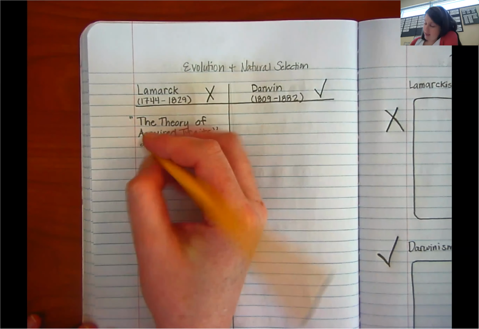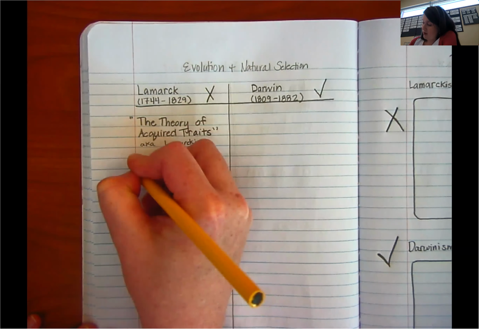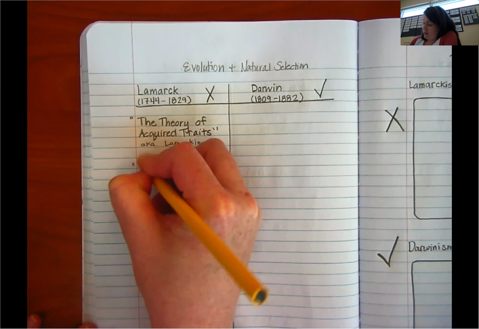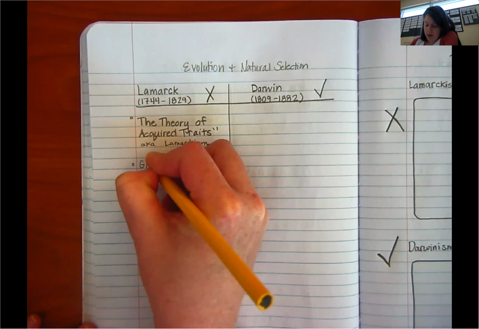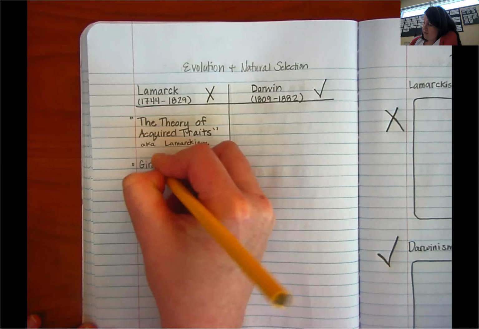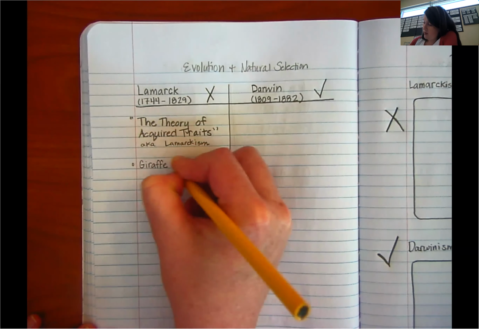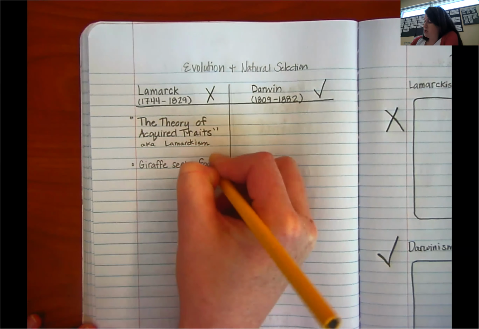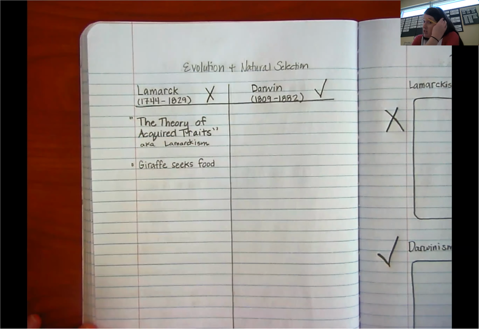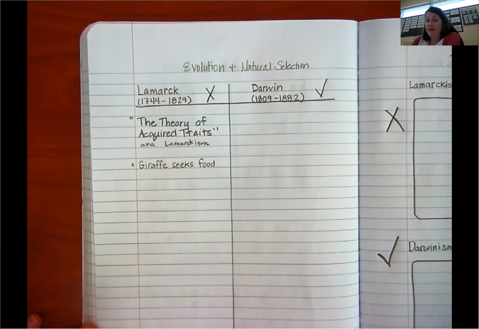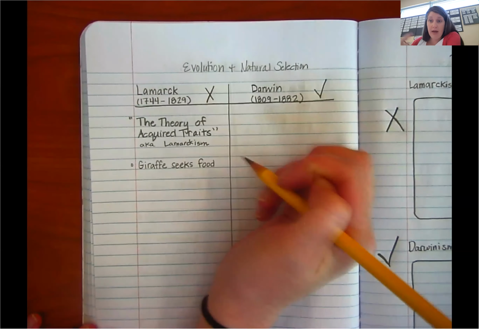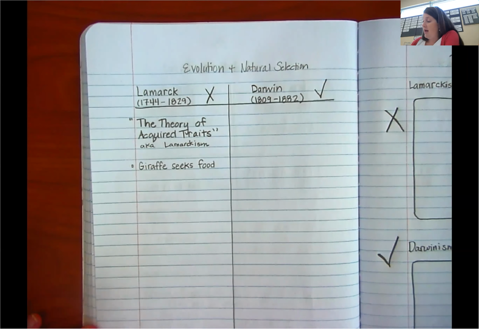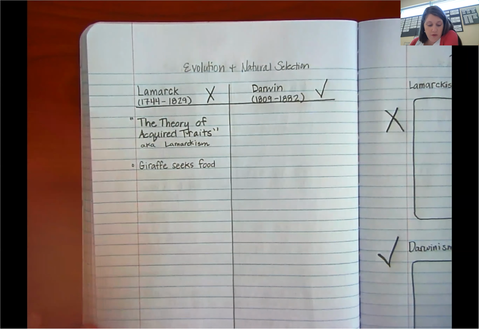Okay, and so this basically says, we'll use the giraffe because that was actually what he used. Giraffe seeks food, and usually the changes that Lamarck and actually Darwin, their evidence is often based on food acquisition, how they acquire food. And that's what causes all these changes over time.